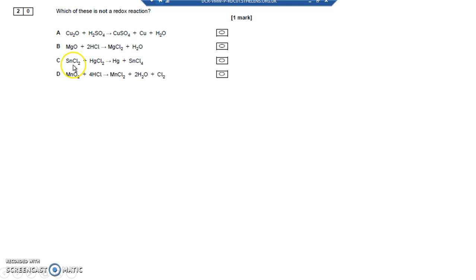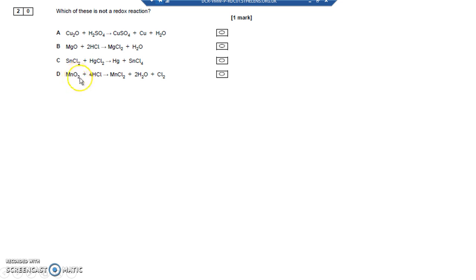So we've got SnCl2. Cl is in -1 oxidation state, no charge overall, so Sn is in +2. With 4 Cl's in -1 oxidation state, the Sn is in +4. It's gone from +2 up to +4. It's been oxidized.